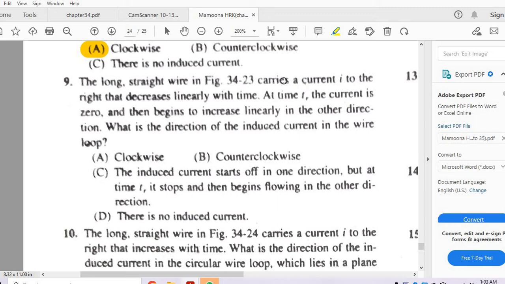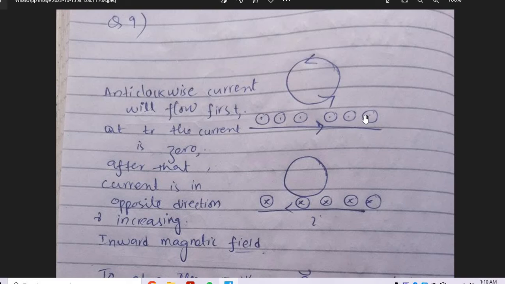It is given in the question that in both situations the current flows in the same direction, so option C might be the correct option. But it is given that at time t_r, when the current is 0, it then increases linearly in the other direction, so the direction of the current reverses too. Here we can see that the magnetic field is out of the paper but decreases with time.